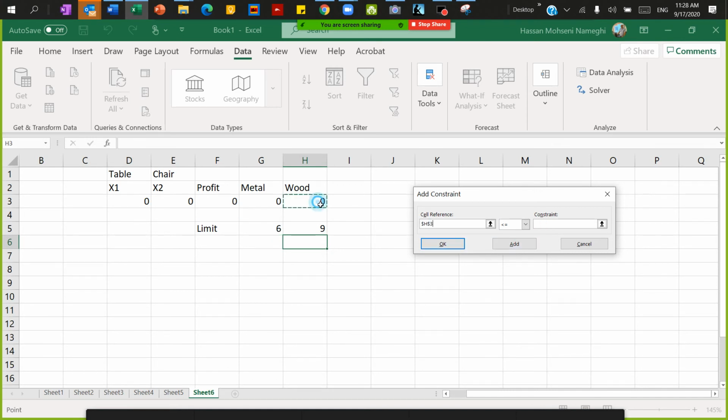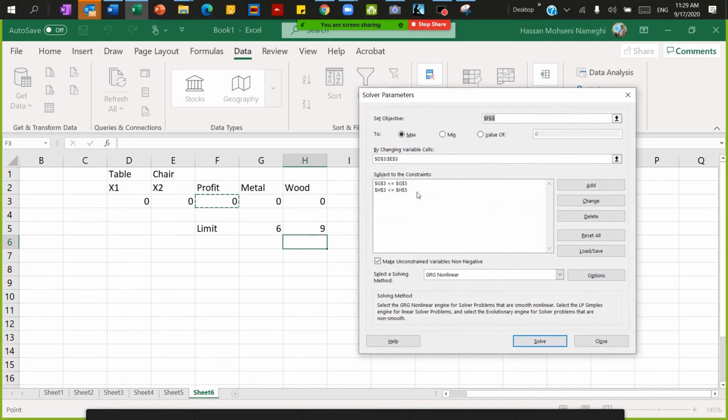Next, click on the limitation for wood, which should be less than or equal to 9. So H3 less than or equal to H5, and then click OK. So I have two constraints. It also has non-negative values, which I like. Press Solve.